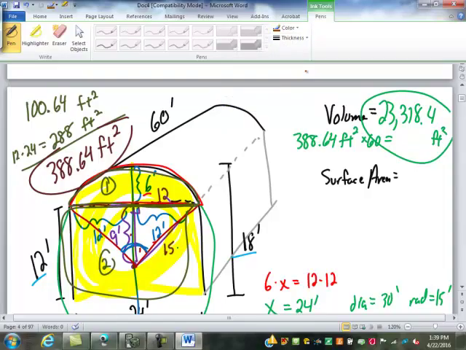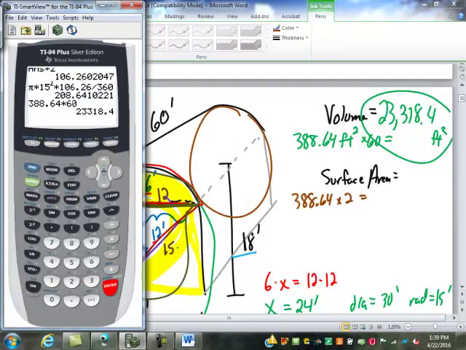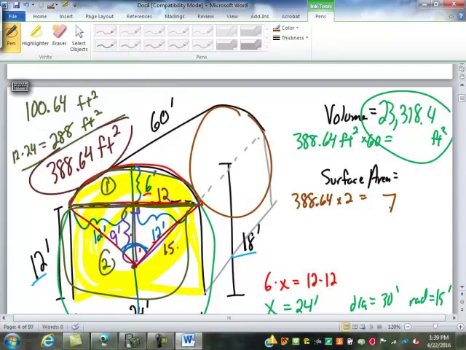Now for surface area, we have the area of this end here, the 388.64. I'm going to multiply that times 2 because there's also another end down there, which gives us 777.28.